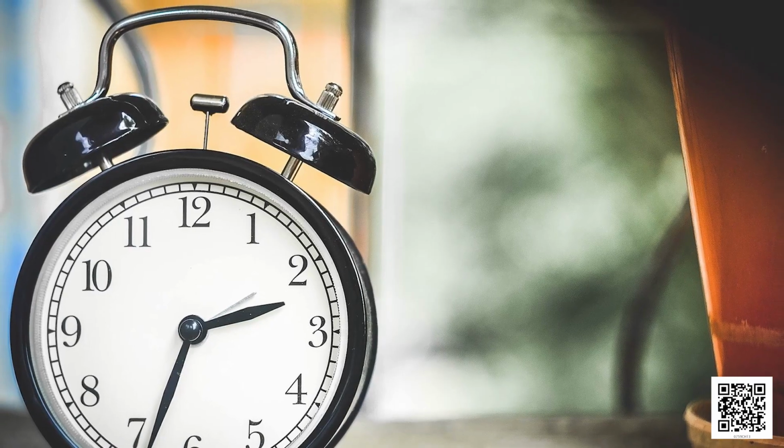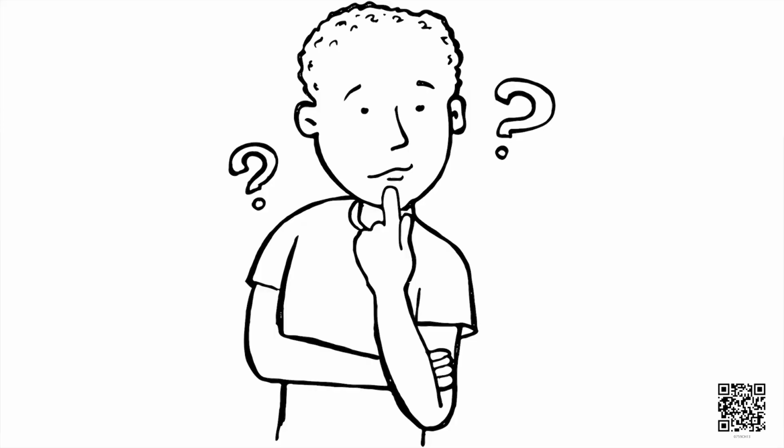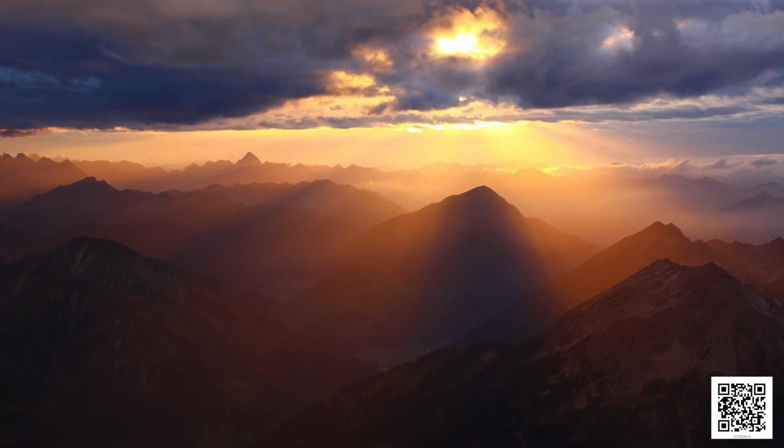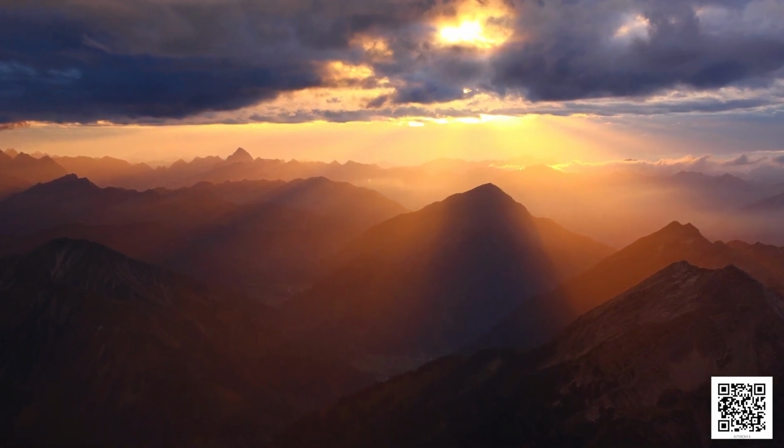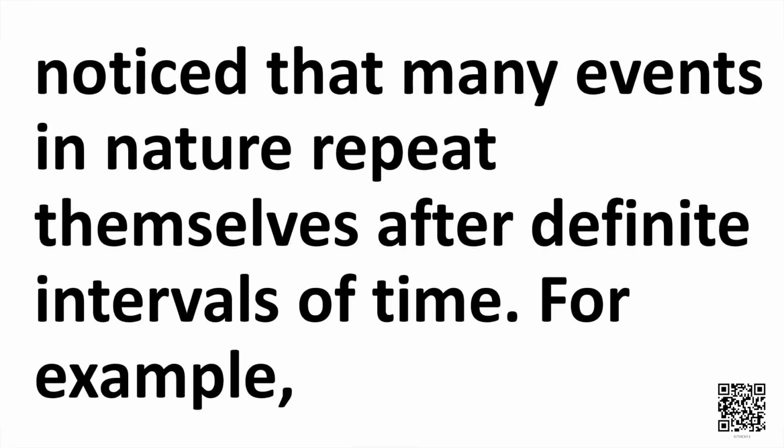So students, if you did not have a clock, how would you decide what time of the day it is? Have you ever wondered how our elders could tell the approximate time of the day by just looking at the shadows? How do we measure time or the interval of a month, a year? To answer all these questions, our ancestors noticed that many events in nature repeat themselves after definite intervals of time.